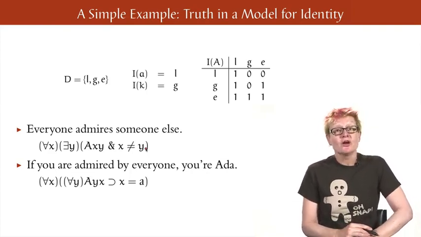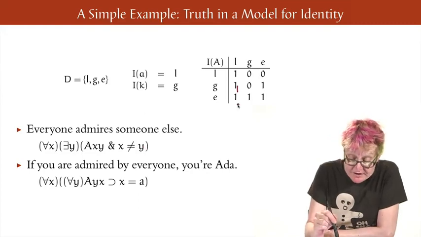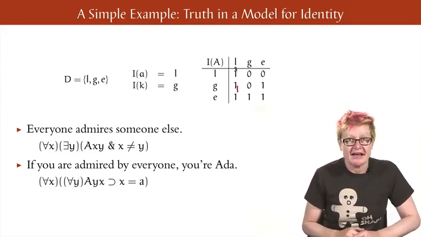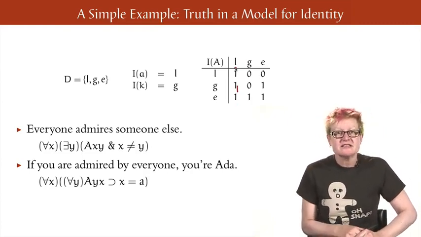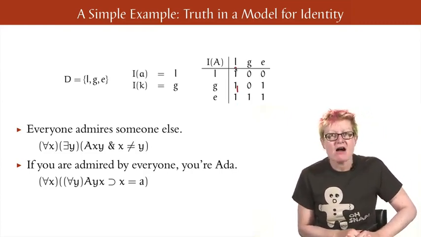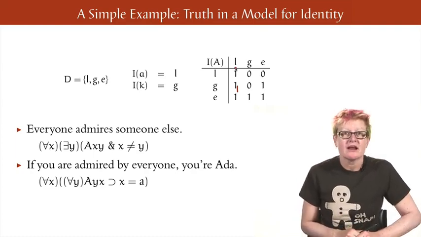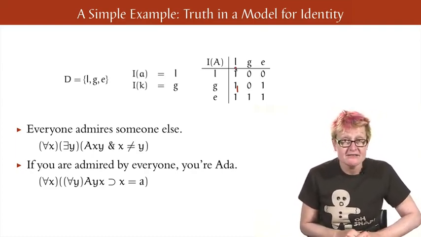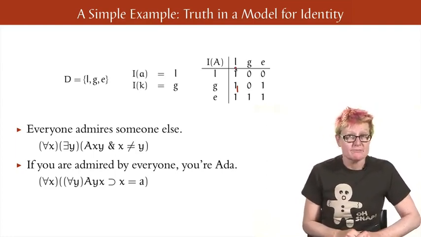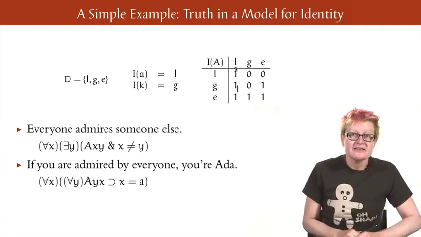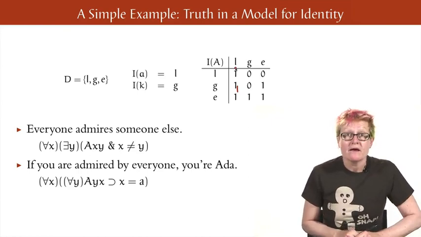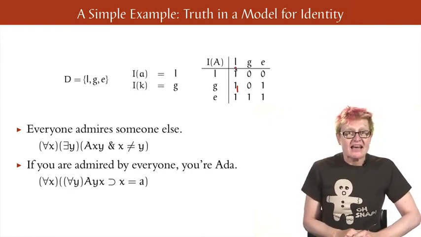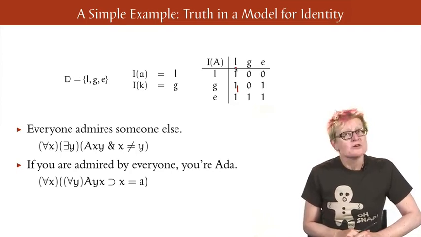It is true, looking down the first column of the table interpreting the predicate A. The antecedent of the conditional expands out as a conjunction. Lovelace admires Lovelace, and Gödel admires Lovelace, and Einstein admires Lovelace. And this conjunction is true. Then the consequent of the conditional is Lovelace is identical to A, which is also true.